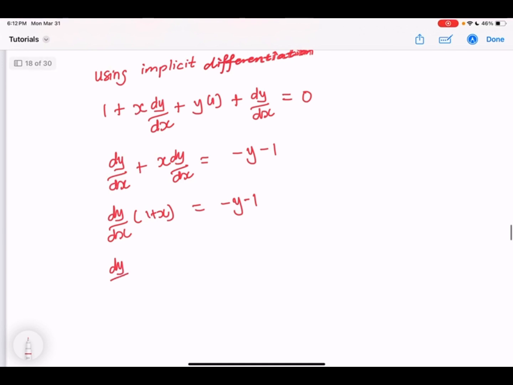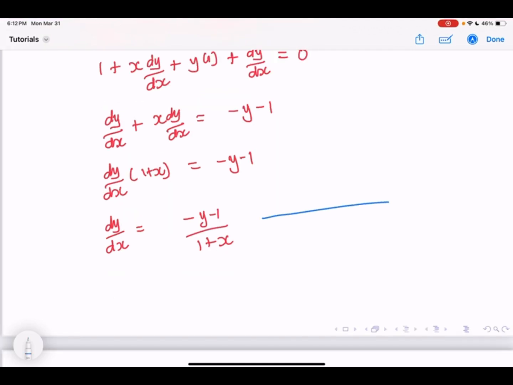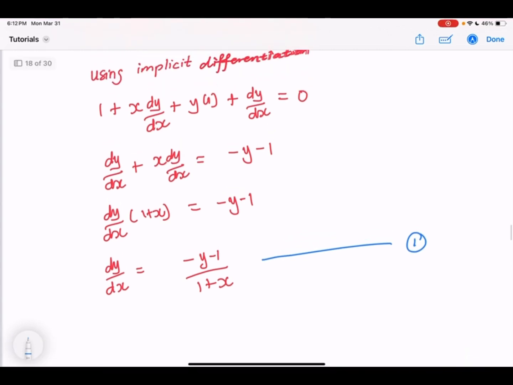Making dy dx the subject gives minus y minus 1 on 1 plus x. So let's call this equation 1. And let's call this guy, say, equation A.